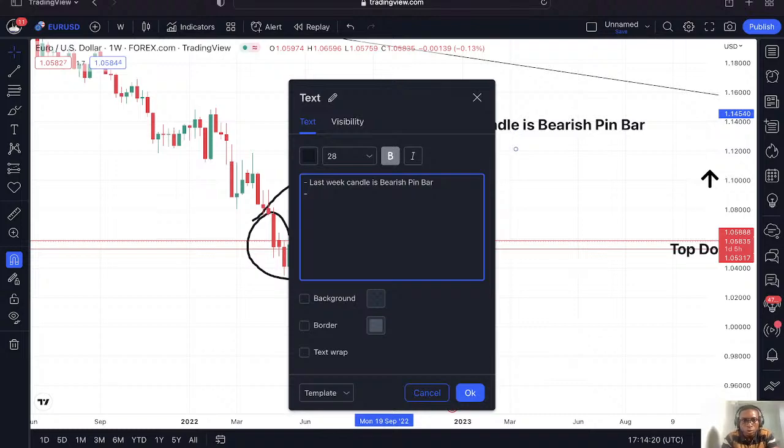Number two, price is currently at a strong resistance level.